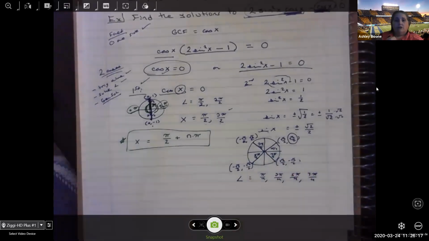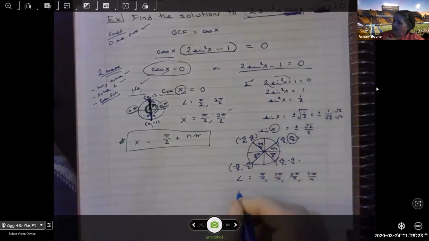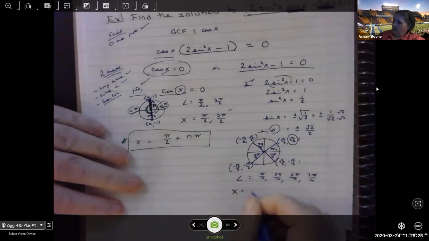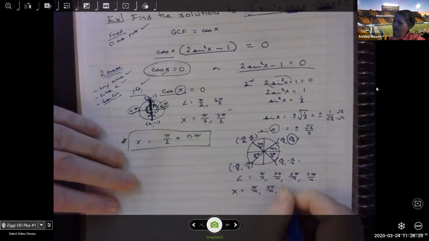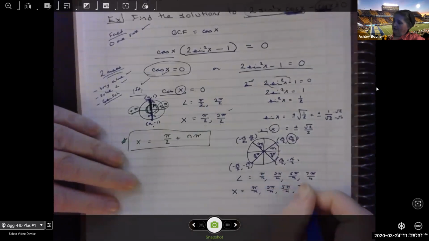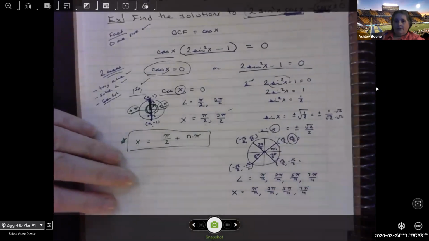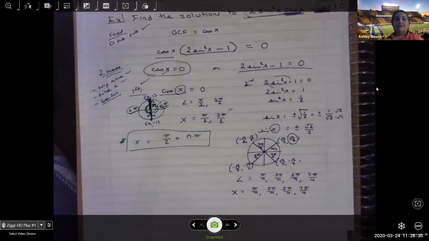That's one revolution, okay? Our angle was x. So that happens when x is equal to pi over 4, 3 pi over 4, 5 pi over 4, 7 pi over 4.